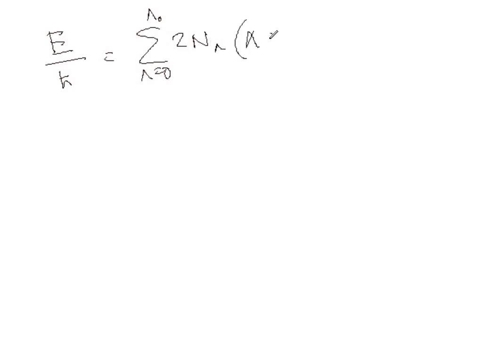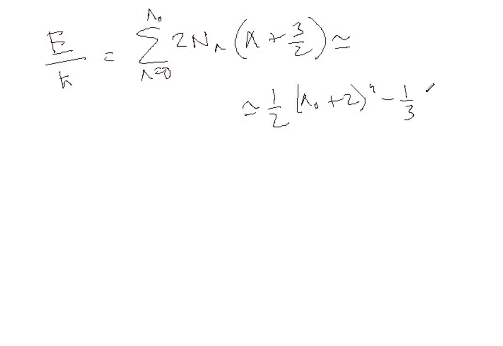Now we are very soon near the end of our lecture. Also we will have E by h cross omega equal to the sum from lambda equal to 0 to lambda 0 of twice n lambda times lambda plus 3/2. This is again approximately equal to half of lambda 0 plus 2 to the power 4 minus 1/3 lambda 0 plus 2.